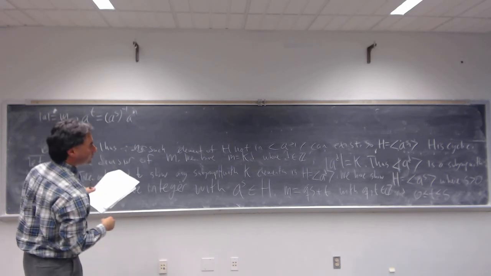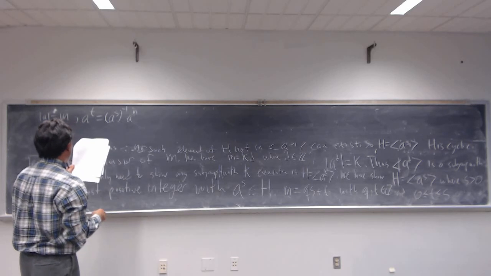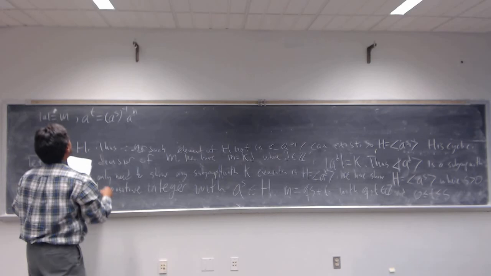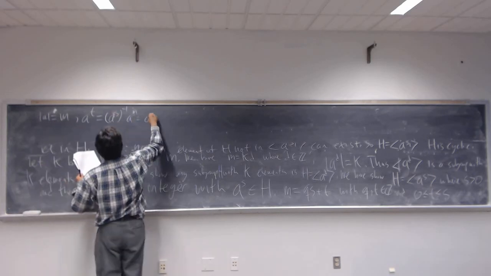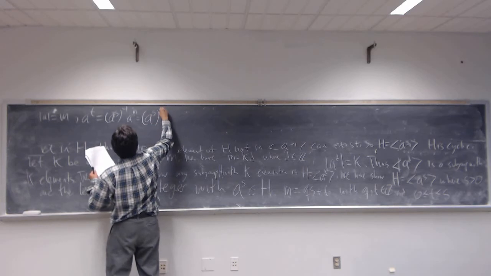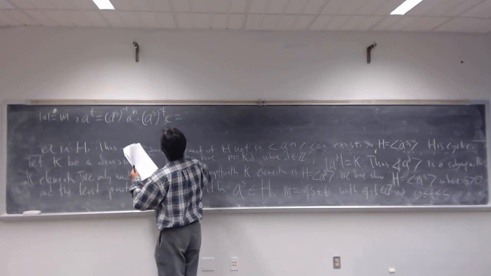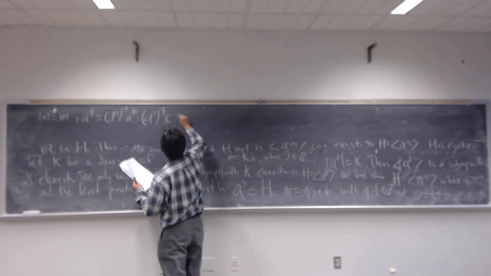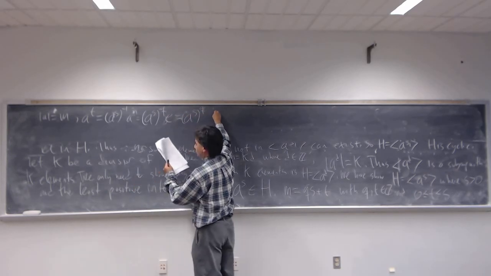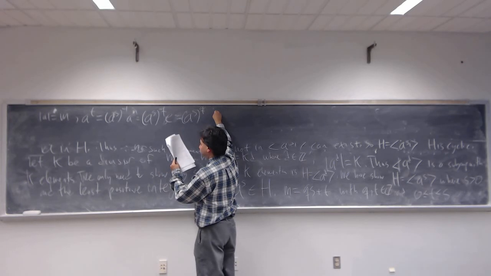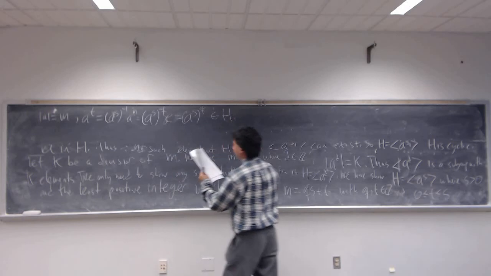T equals M minus QS, so I think this would be A to the QS inverse times A to the M. So this would be A to the S to the negative Q times A to the M, which is the identity. So we just have some power of A to the S. So this is an element of H.